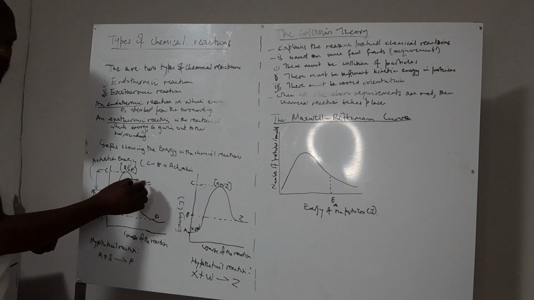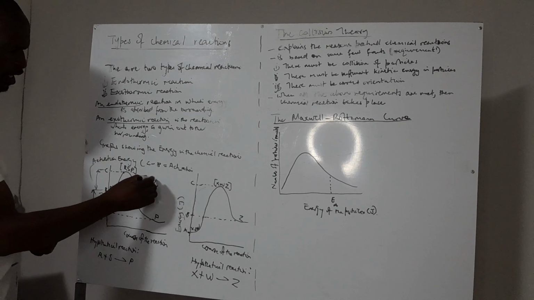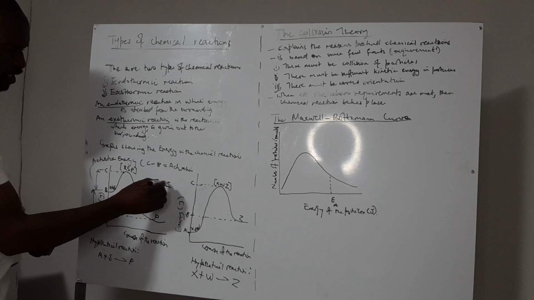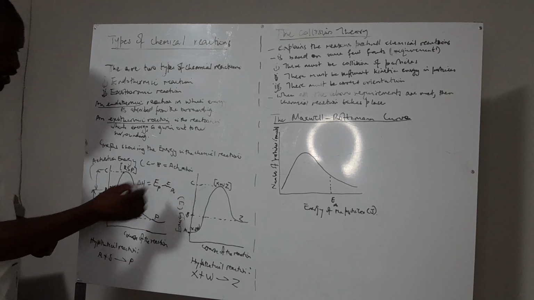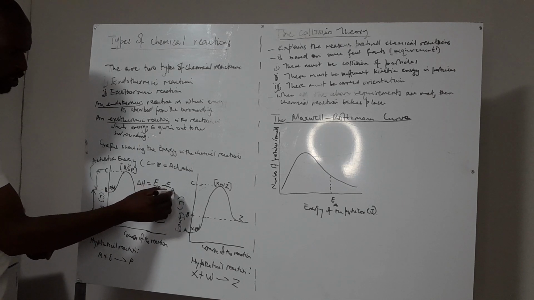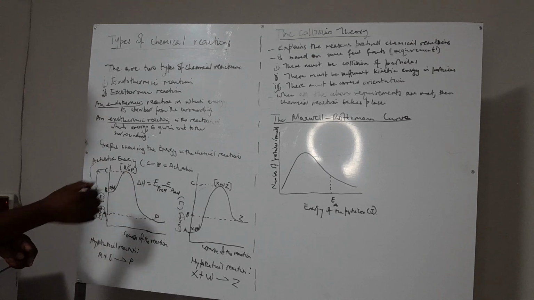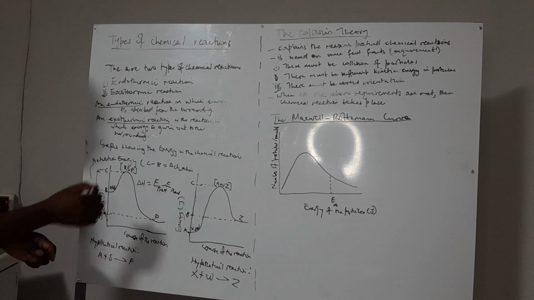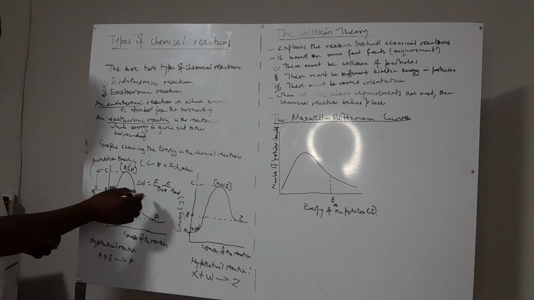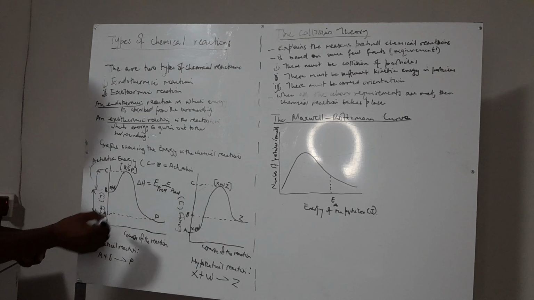How do we get that? We say the energy of the product minus the energy of the reactants. So whenever we want to get the heat of the reaction, or the change in the heat of these substances, we say the energy of our product minus the energy of our reactants.